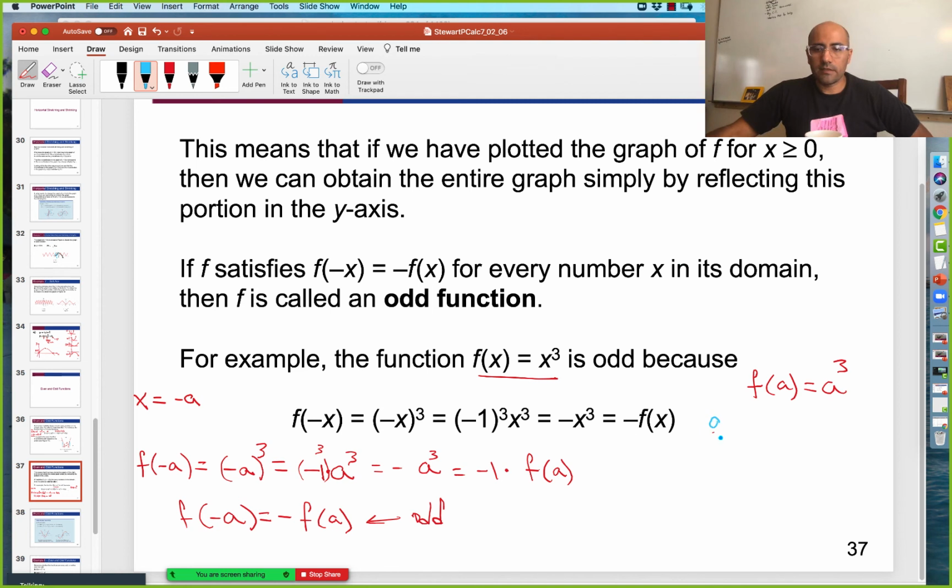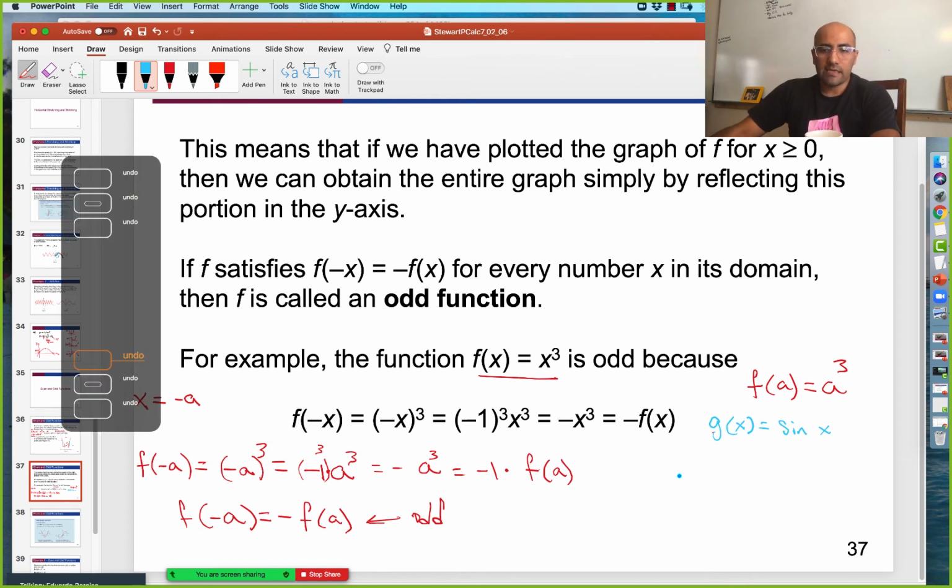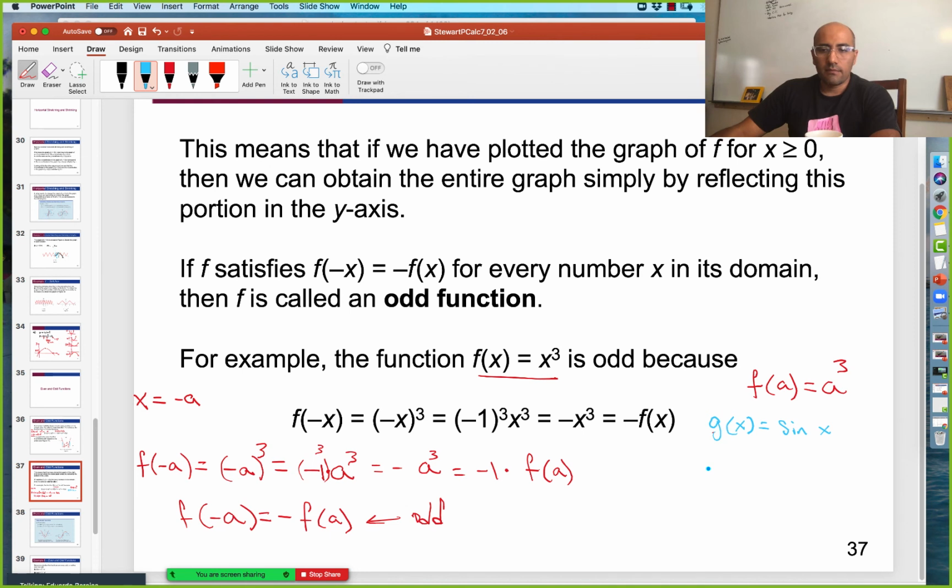let's say g of x equals sine of x. As one individual example, let a equal, let's say, pi. g of negative pi, and how does that compare to g of pi?